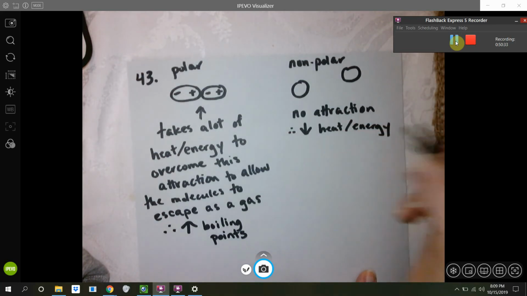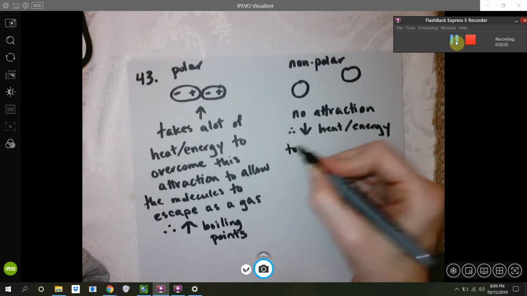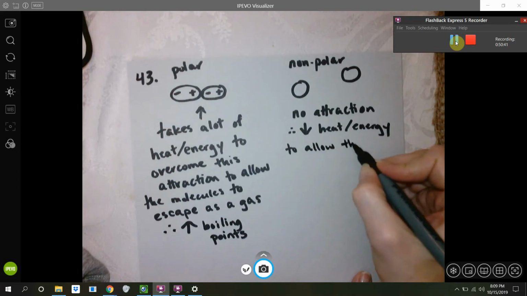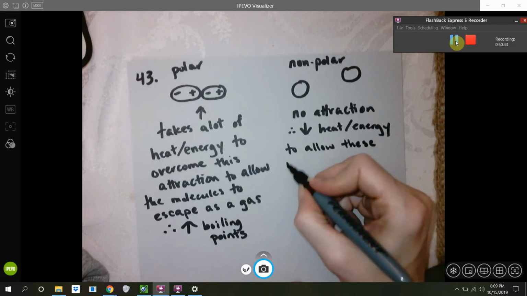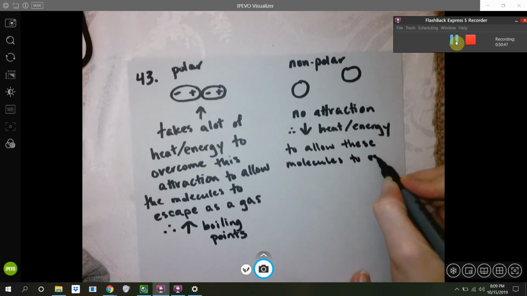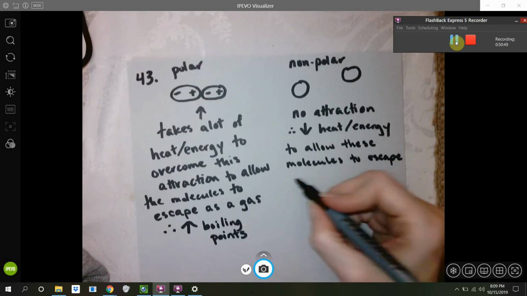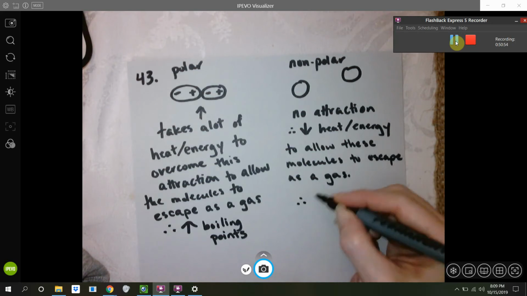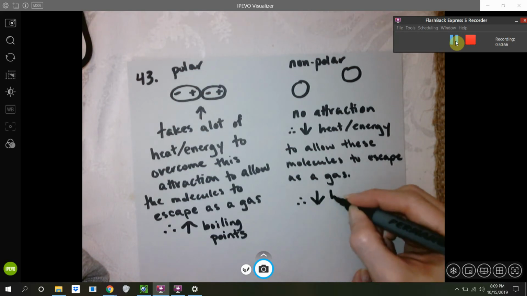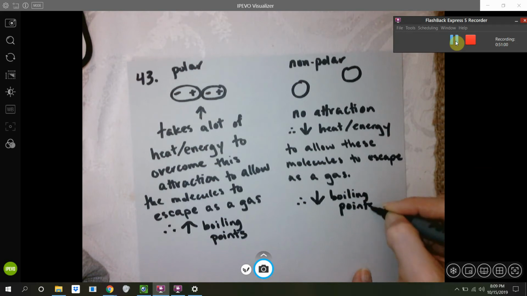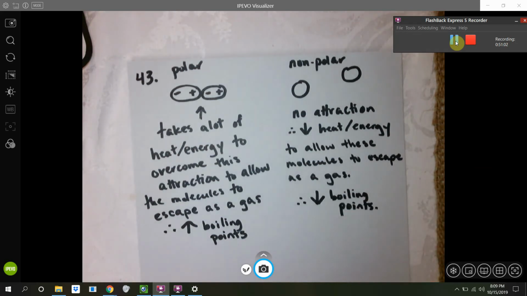A low amount of heat or energy to allow these molecules to escape as a gas. Therefore, low boiling points. Cool.